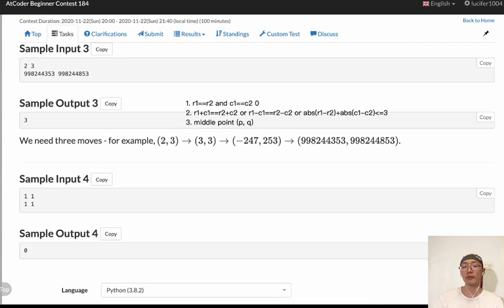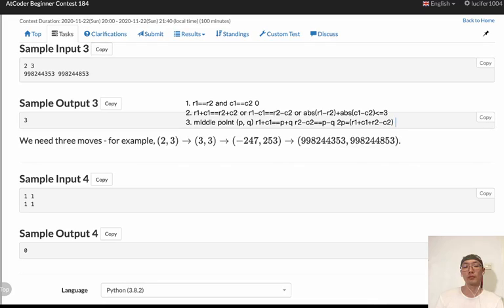Then suppose that R1 plus C1 equals P plus Q, and R2 minus C2 equals P minus Q. Then this is a pair of equations, so we can solve the equations, and we will have 2P equals R1 plus C1 plus R2 minus C2.